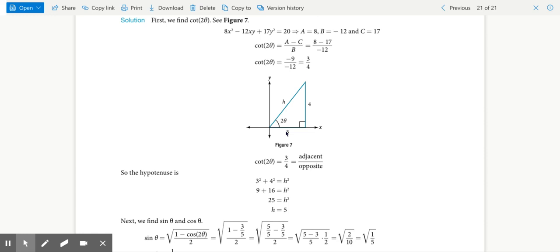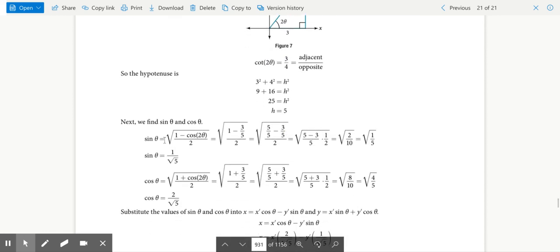So it's doable, but if you want an exact answer, or if you're asked for an exact answer, you're going to use the half angle formula that we talked about a long time ago. Half angle formula to get your sine theta and your cosine theta. So half angle formula uses cosine 2 theta.